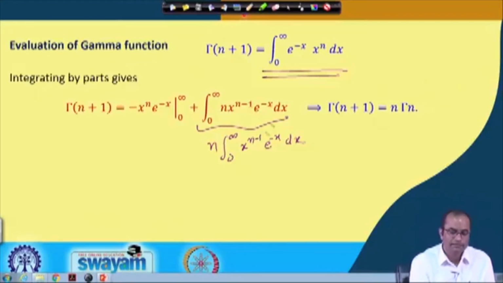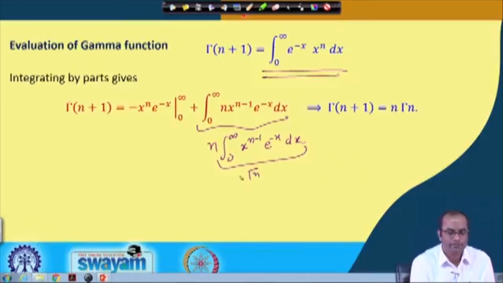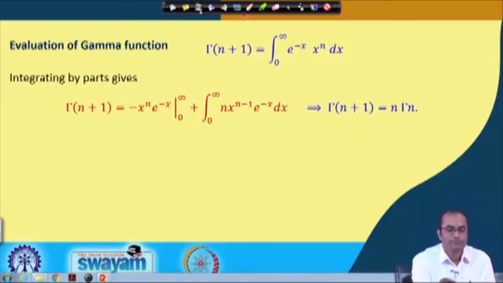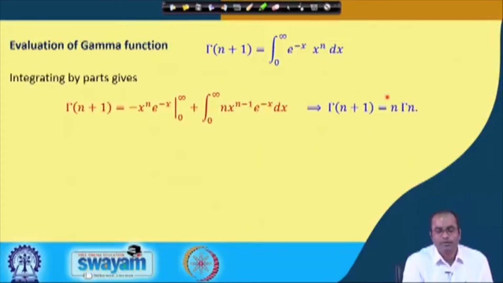Just n is replaced by n minus 1. So, this integral is nothing but gamma n. So, we got this relation that gamma n plus 1 is equal to n gamma n, and that is a very useful relation which will be used to evaluate these gamma functions.